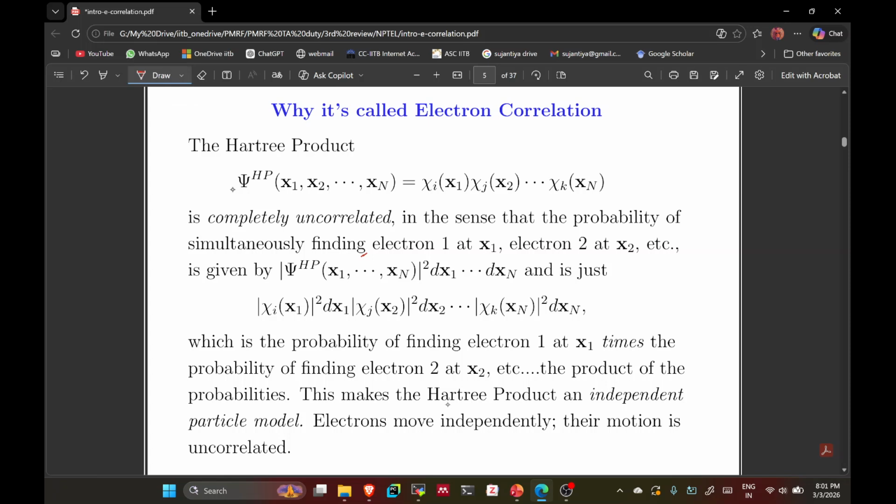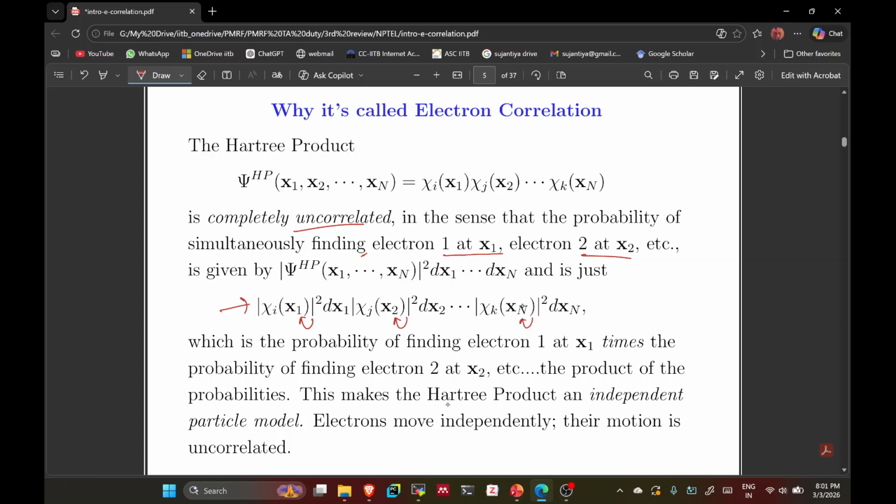The Hartree product, chi j times chi k, is completely uncorrelated in the sense that the probability of simultaneously finding electron 1 at x1 and electron 2 at x2 is given by the modulus squared of this psi Hartree-Fock. This is the probability of finding electron 1 at x1, electron 2 at x2, and electron n at xn.